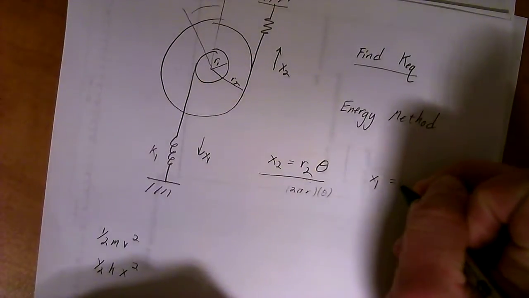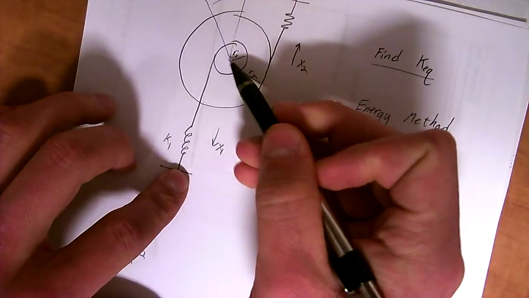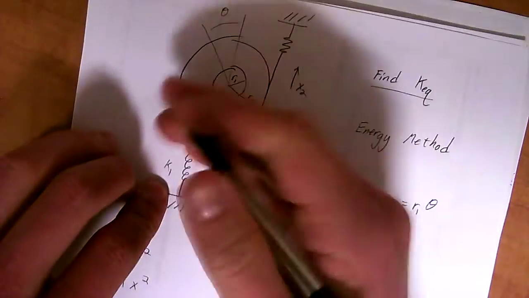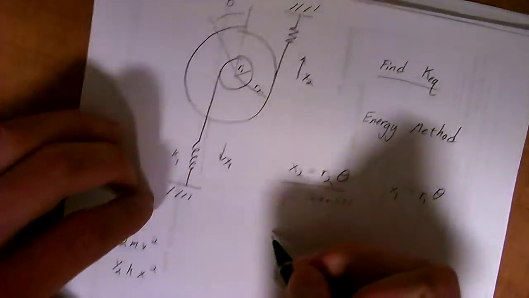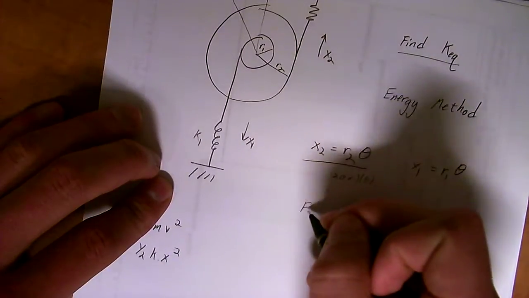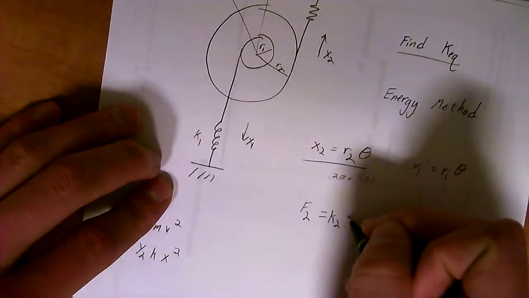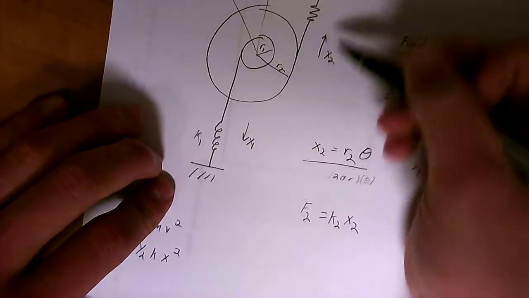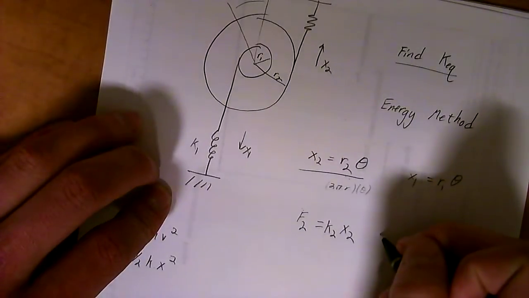Pretty easy. x1 is then equal to r1 theta right here, because you have the smaller r and it's connected to this. You're still moving the exact same theta, so you can go from there. Alrighty, so now we need to relate these in terms of forces. F2 is equal to K2 times x2, which is the force caused by a spring.